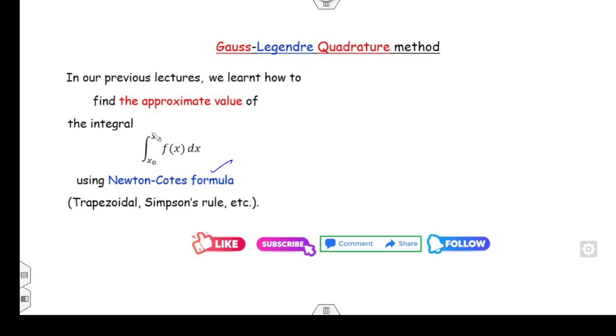Make sure, students, in this Newton-Cotes formula, we have x0 to xn. We have divided this interval into equal parts. That means the distance between them is h. The same distance we can define as x2, that is again h, and so on.